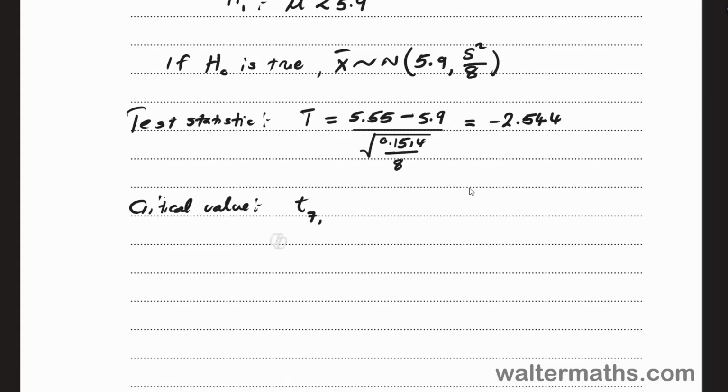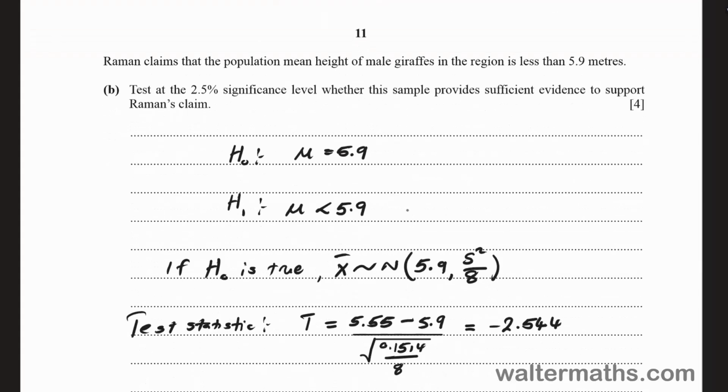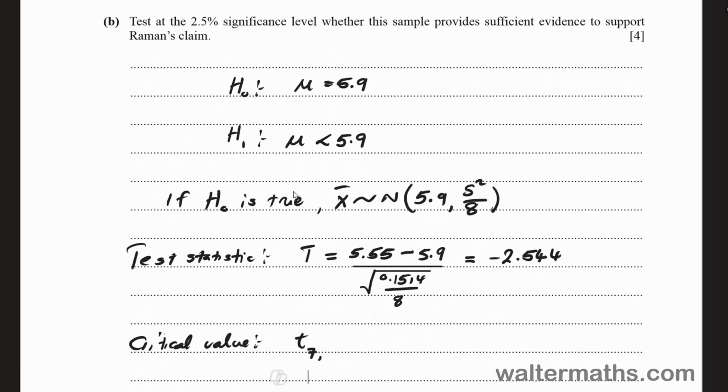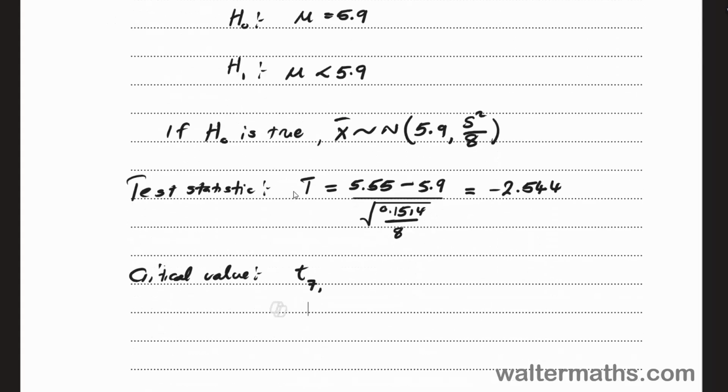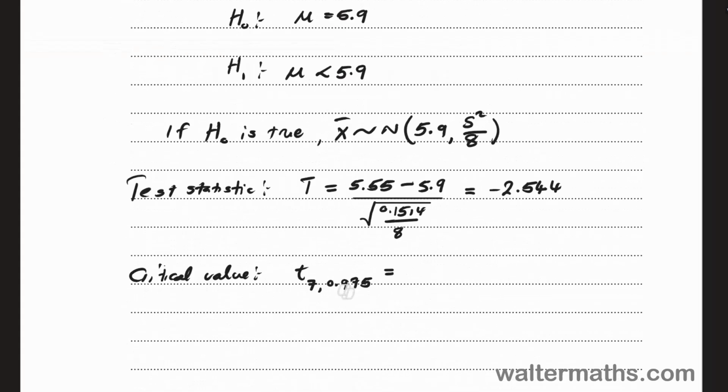And since it's a 2.5% test, then 100 minus 2.5 is 97.5%, so 0.975. The critical t value here, let's go to the tables.